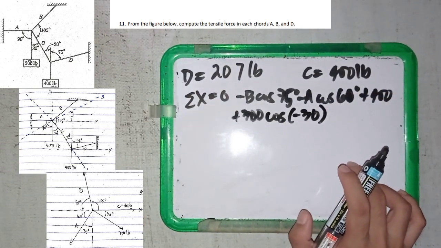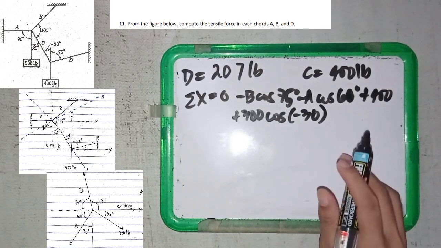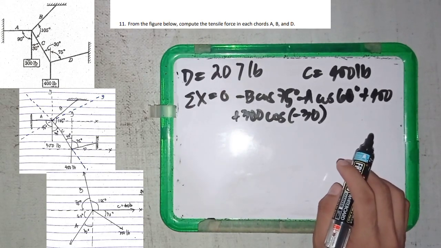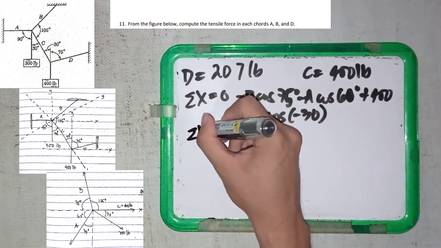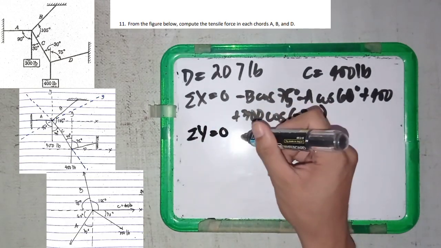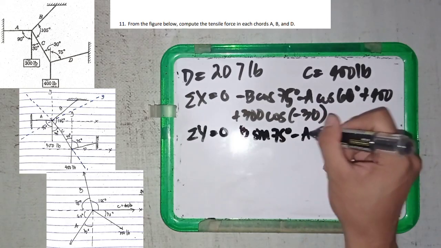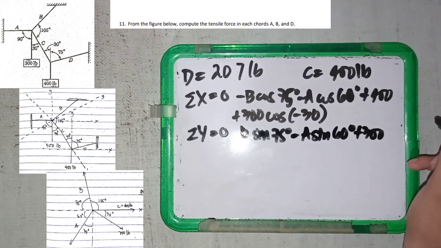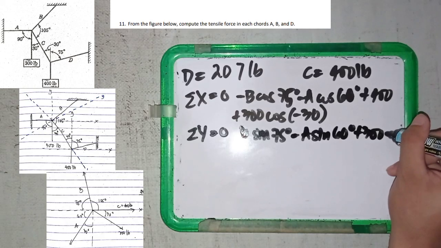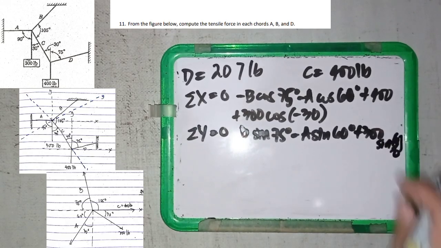I have a guide here flashing on your screen, where I have solved the FBD with some corrections from the given figure, or some guides in blue broken lines. Next, the second equation, summation of y equal to 0: B sine 75 degrees minus A sine 60 plus 300 times sine 30. I cannot fit this.